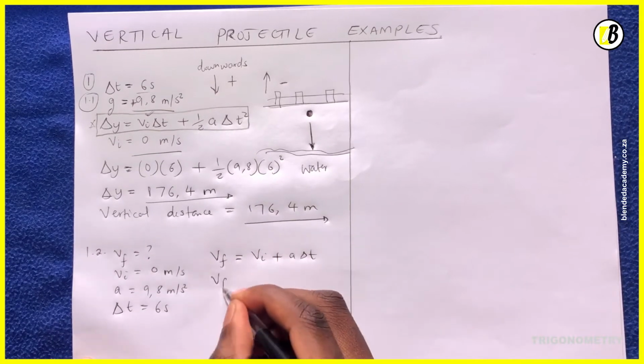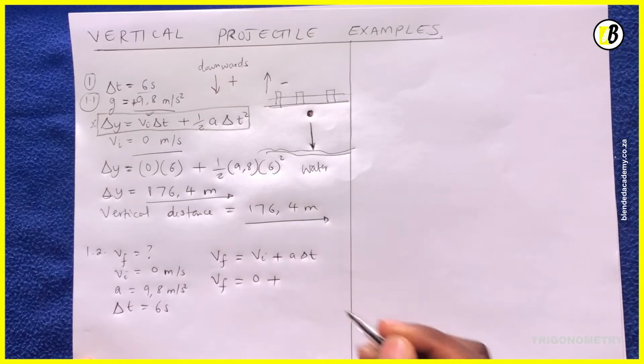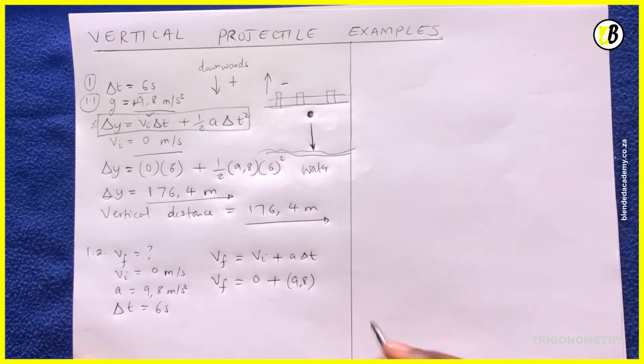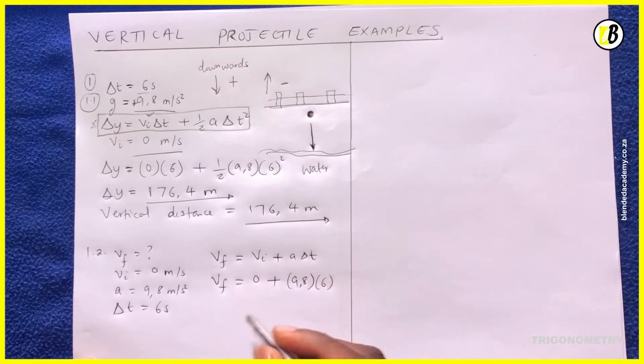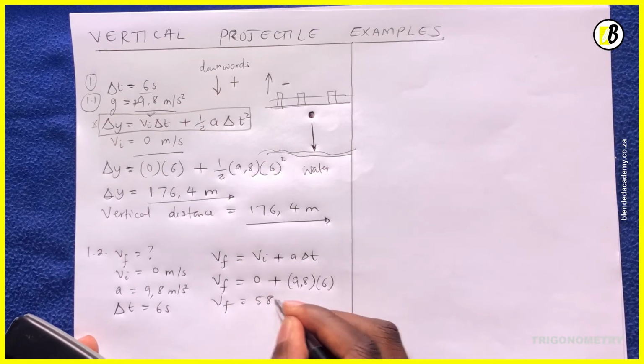So since we want final velocity, it's going to be 0, that's our initial velocity, plus the 9.8, which is the acceleration due to gravity, multiplied by the time it takes to hit the water. Now let's use the calculator to get the final velocity. That's 9.8 multiplied by 6. And now we're going to get 58.8 meters per second.